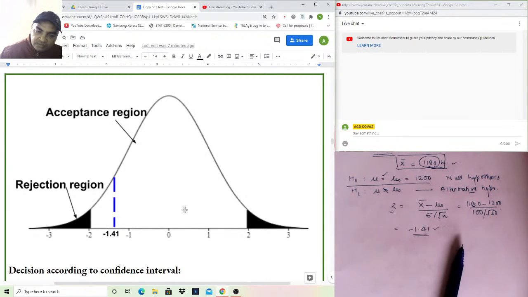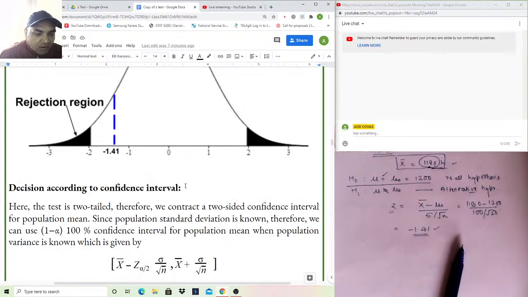In the previous lecture, we also saw that your sample mean may vary from your population mean. But when you take different samples, your sample means will ultimately follow a normal distribution and the mean of the sample means will be equal to your population mean. But it will have some confidence interval. So now we will take the decision according to the confidence interval.